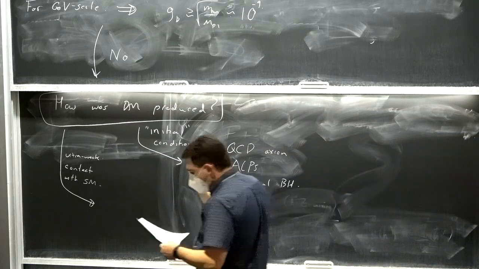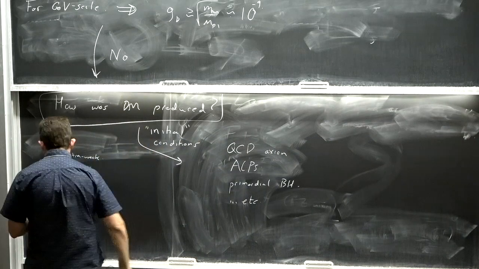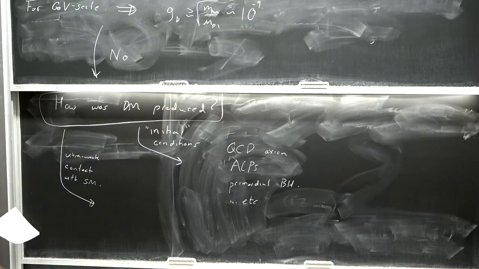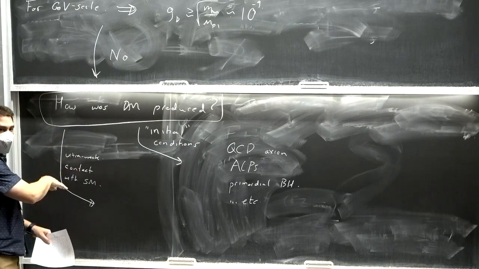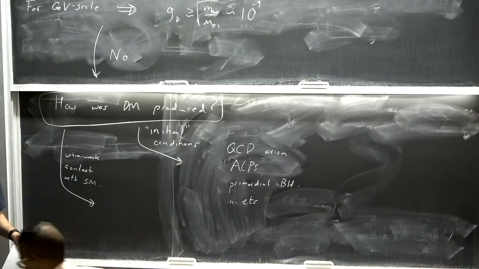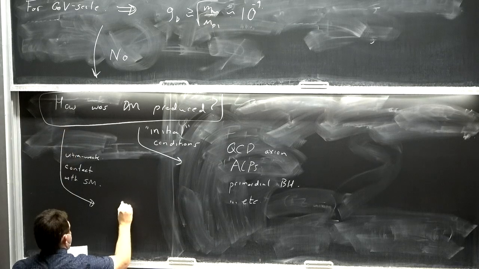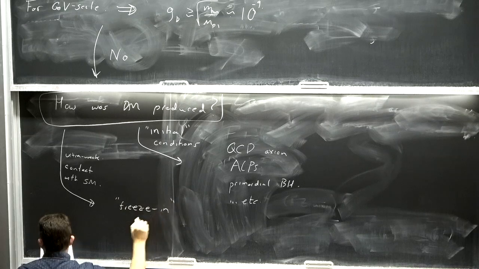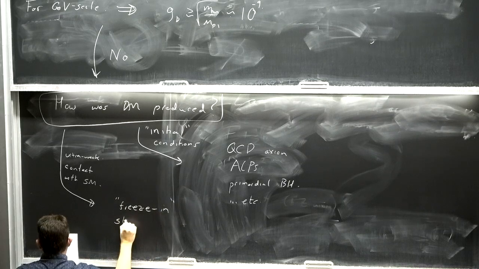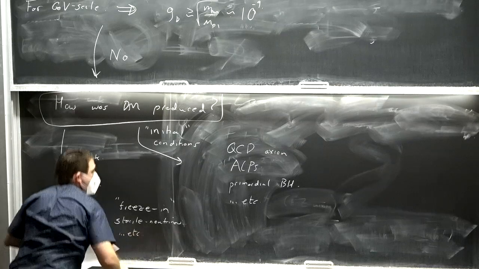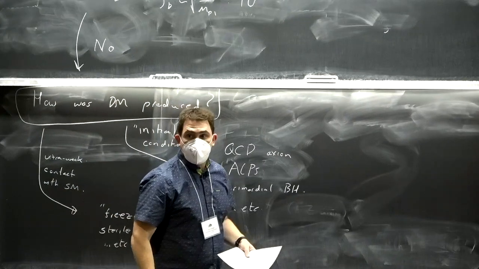For parameters much smaller than these parameters, you can bake in an appropriate amount of dark matter density. Again, this is sensitive to initial conditions. In these scenarios, you typically imagine that the initial condition is you have no dark matter, and then you allow a slow leak in of the thermal bath to produce it. These go by the term freeze-in, and there's a range of freeze-in models. Actually, sterile neutrinos are a bit like this as dark matter candidates, etc. So there's a range of models like this, some of which you've heard about in this series.